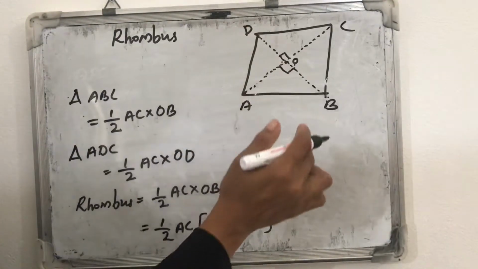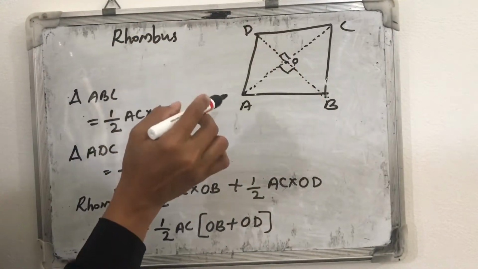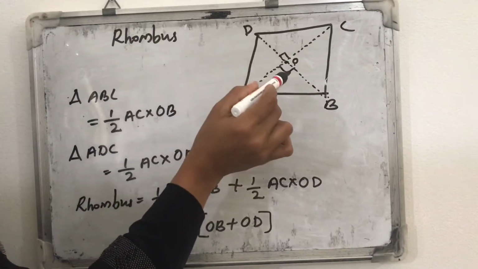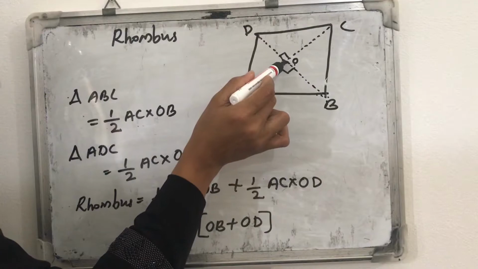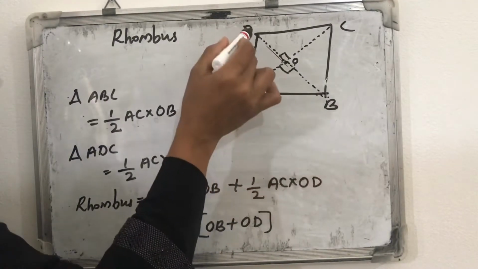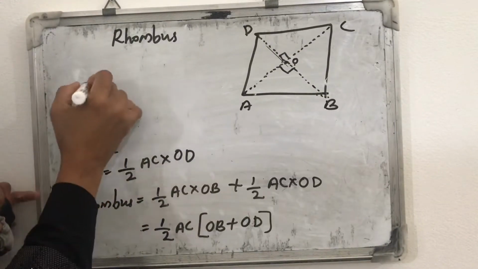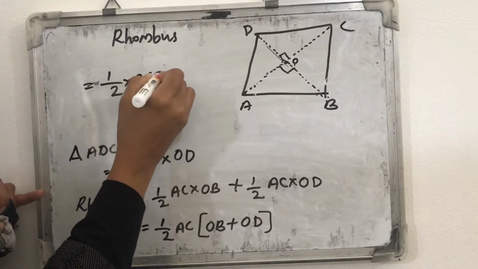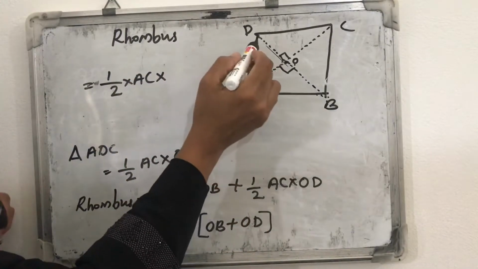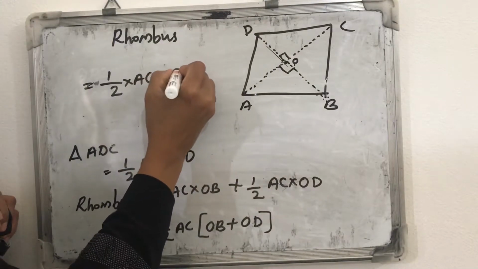When we look at the figure, OB plus OD is the diagonal BD. So this is equal to half into AC into BD.